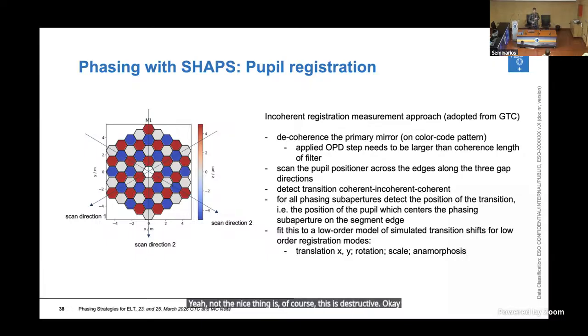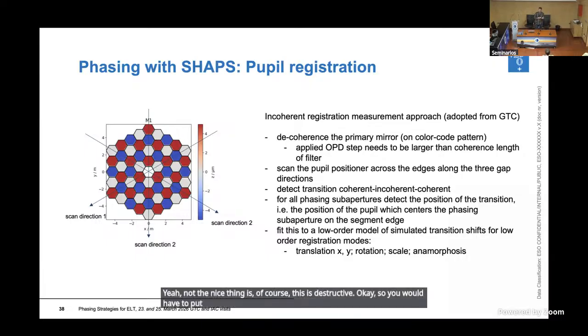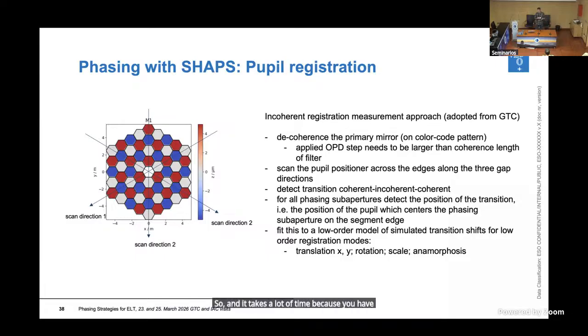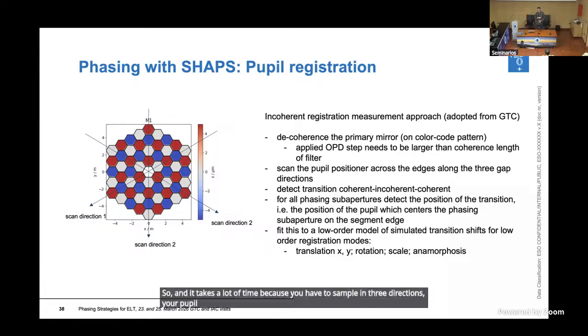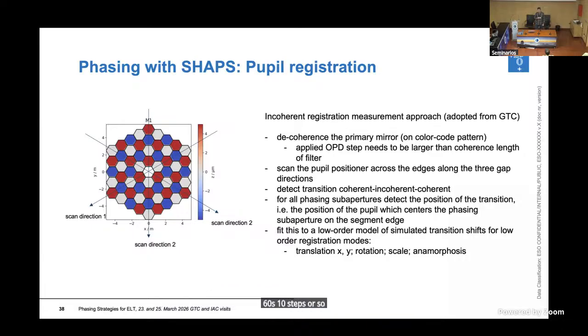So you would have to put a step of a couple of microns at least in order to make this work. If you're really well phased, you want to do this. It takes a lot of time because you have to sample in 3 directions with your pupil positioner. We had something like 60 scan steps or so. This really was actually the longest template.